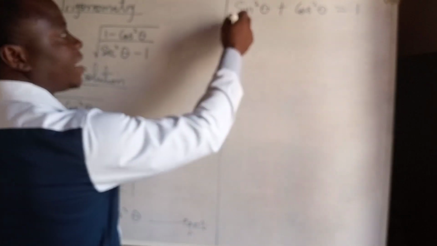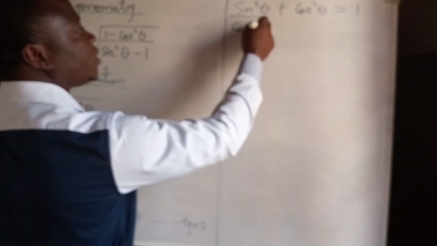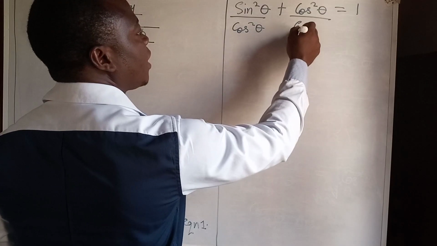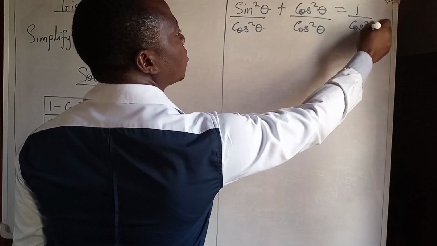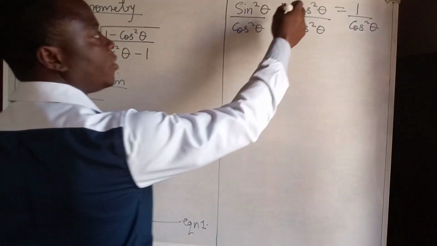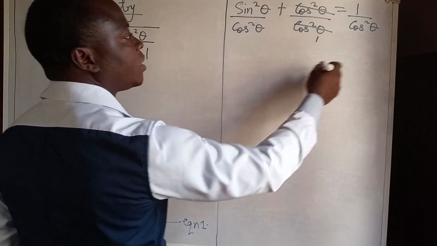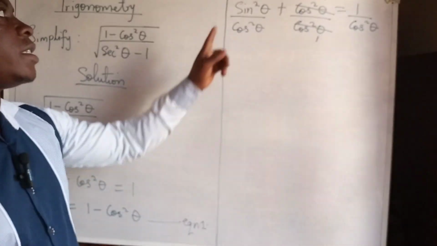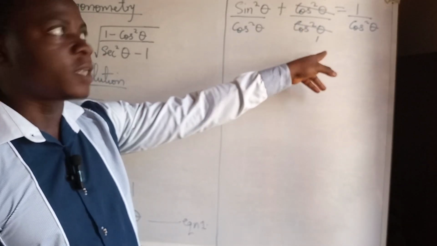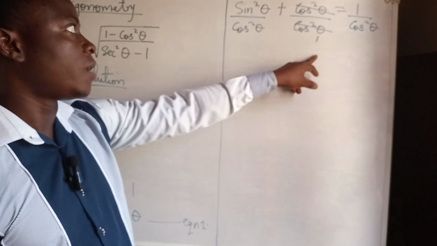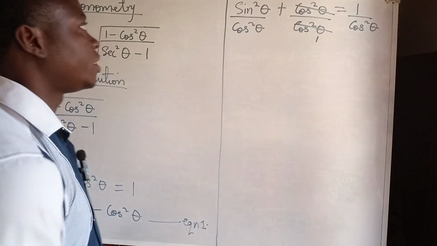Now if I divide through by cos squared theta, the cos squared theta will cancel, and I'm having sine squared theta over cos squared theta plus 1 equals 1 over cos squared theta.